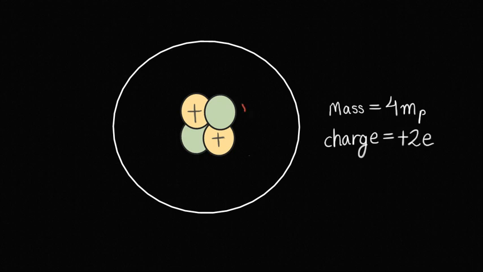So you are left with the nucleus of a helium atom with mass 4 mp and charge plus 2e. This is your alpha particle. So an alpha particle is nothing but a helium ion. What is a helium ion? A helium atom from which both the electrons have been removed.